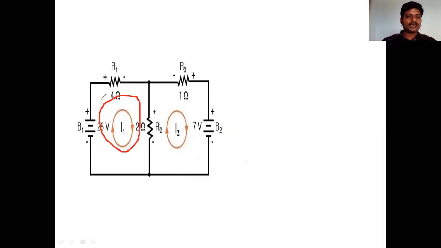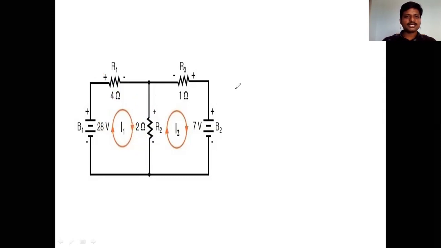Therefore, if current starts flowing like this, first it will leave the battery, or you can say source, then it will enter resistance R1, and then resistance R2, and then again come to the negative terminal. But here you can see this branch is not intended only for I1, it is also intended for I2.